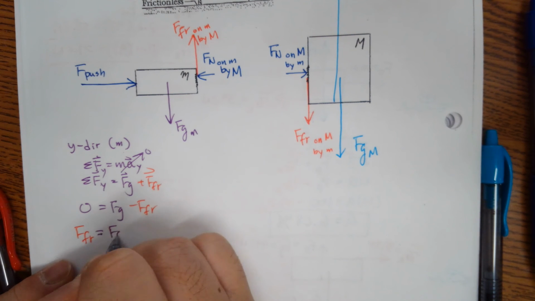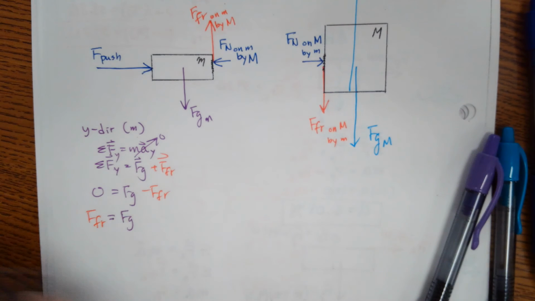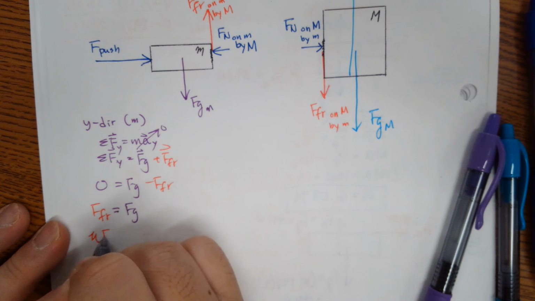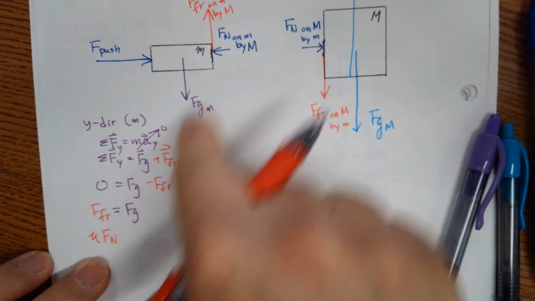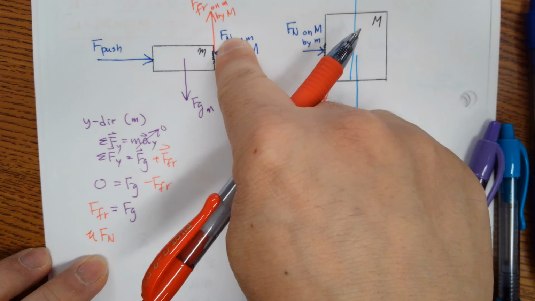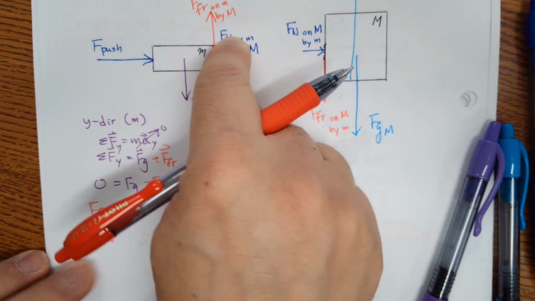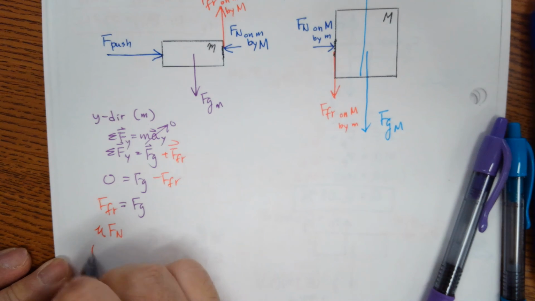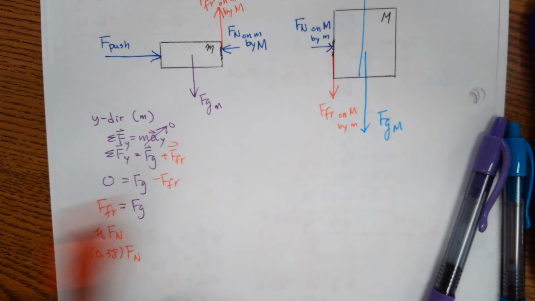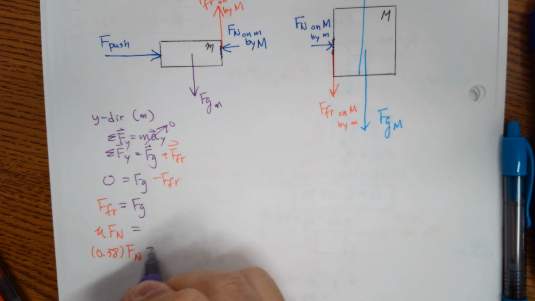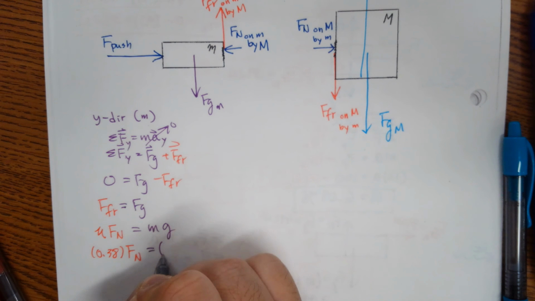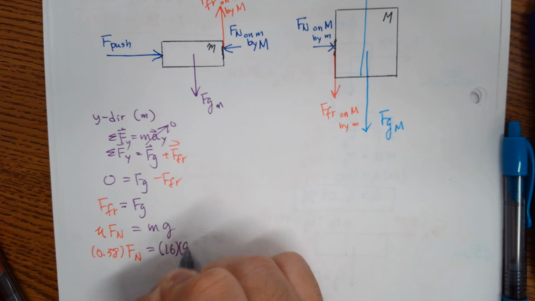which is mg. However, my friction is mu times F normal. This F normal is that F normal right there. Okay? So mu sub S, which is 0.38 times F normal, is equal to mg, which is 16 times 9.8.